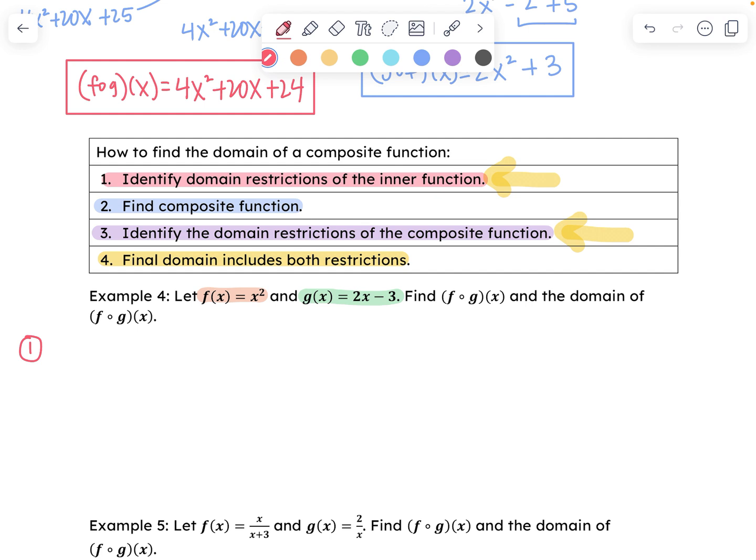If I'm writing this as f of g of x, it's pretty easy to tell that the inner function is the one that's on the very inside of the parentheses. So the restrictions for g of x is what we're looking for in this case. G of x is a nice, pretty linear function, so there are no domain restrictions. It's just going to be from negative infinity to positive infinity.